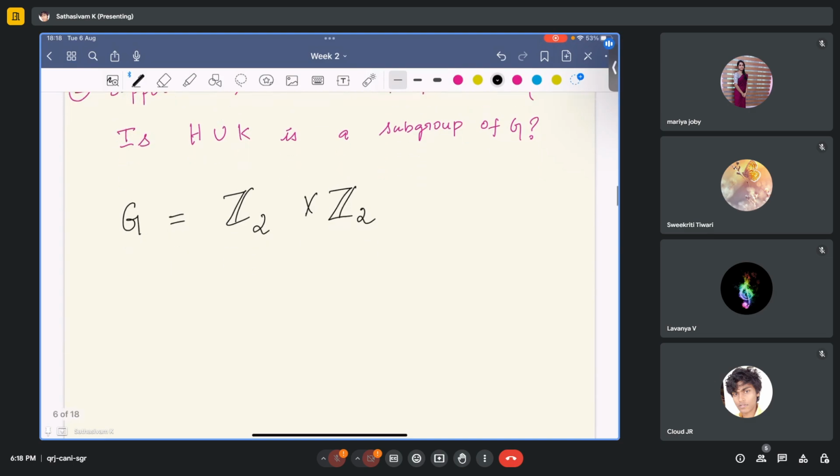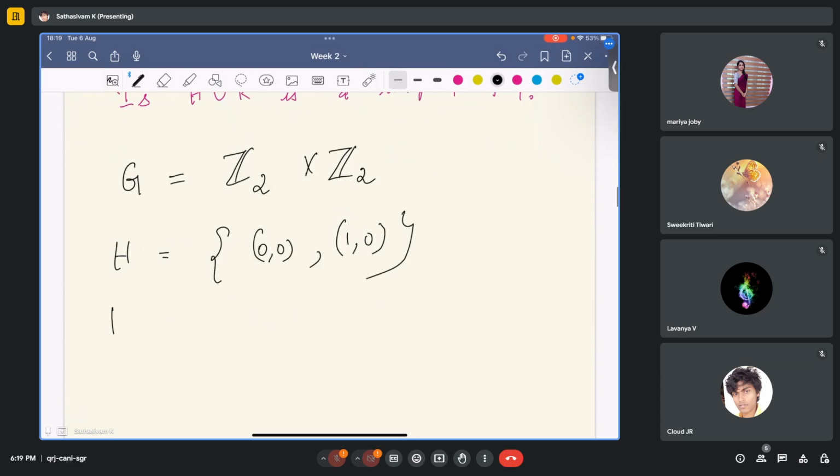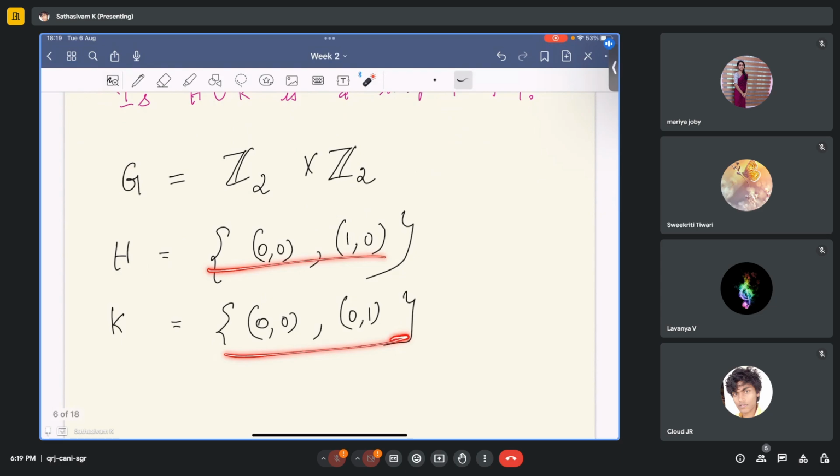Now consider these subgroups. Let's take H to be {(0,0), (1,0)}, and take K to be {(0,0), (0,1)}. So you can clearly see these two are subgroups of G.